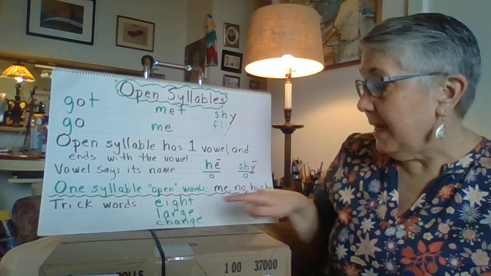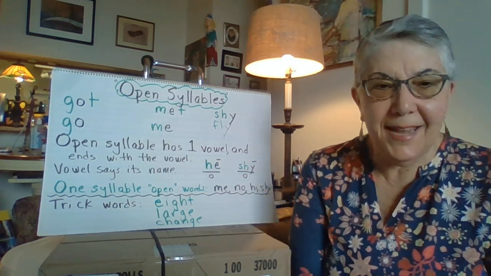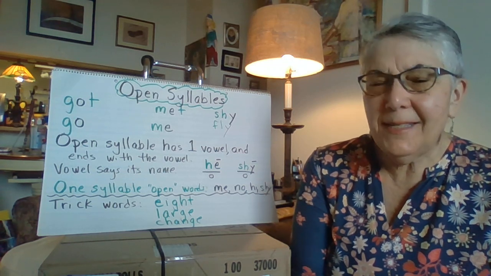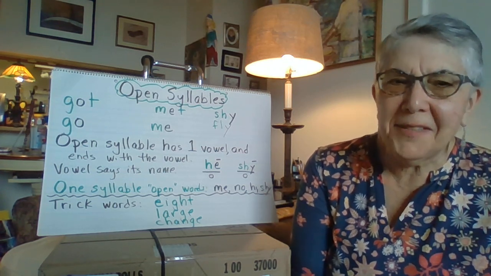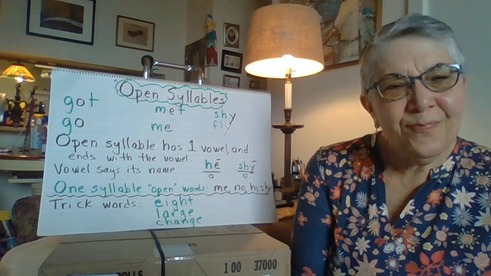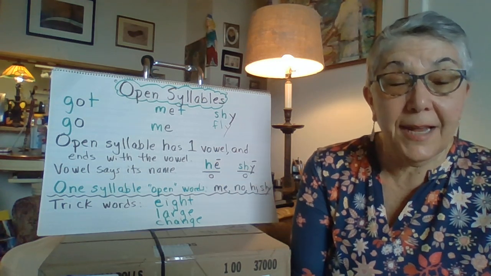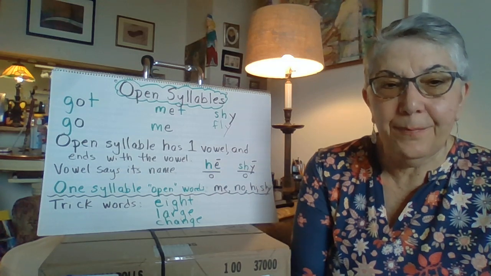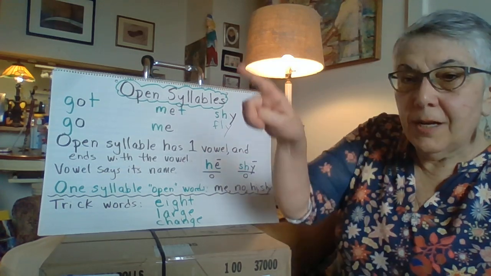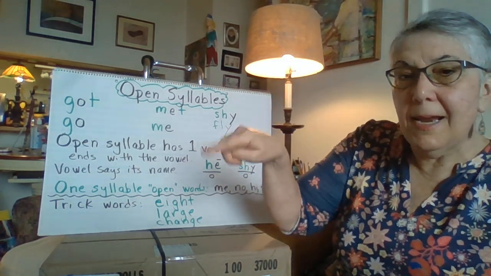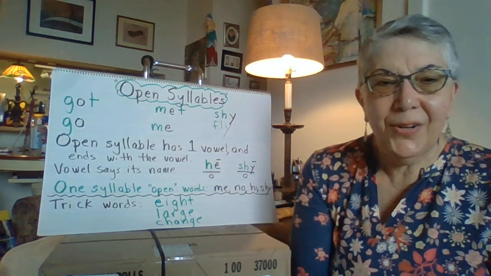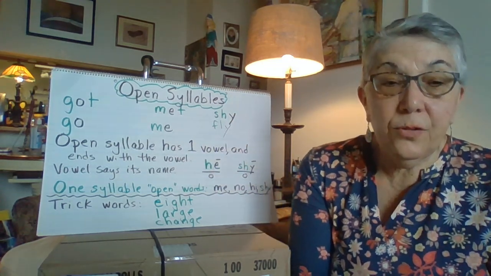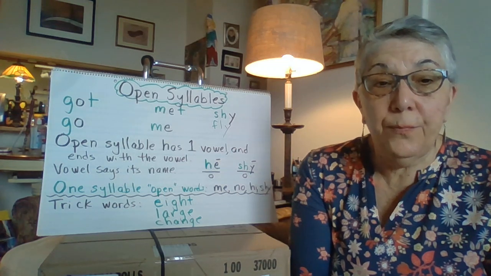What I think is tricky again is the G-E at the end. That E makes the A say its name, even though there are a bunch of consonants in between. And it's a tricky word to remember altogether. So let's say it, spell it, and air write it. Change, C-H-A-N-G-E. Great.